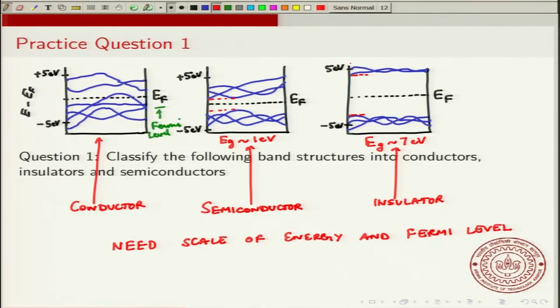Suppose I had just given you any of these without telling you where the Fermi level is, then you would not be able to tell whether it is a conductor, semiconductor or an insulator.